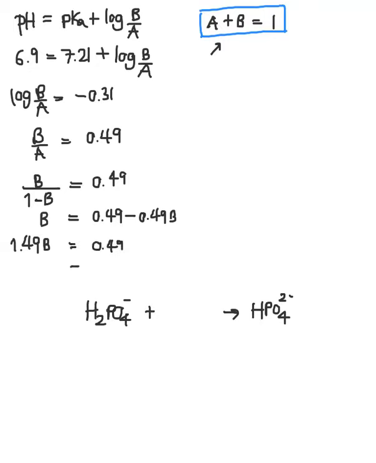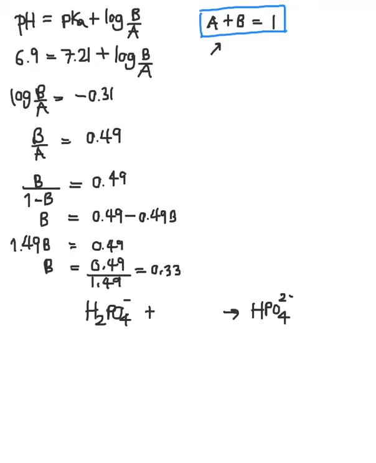This is just how you move terms to the other side of the equation. So B will be 0.49 divided by 1.49, and that is equal to 0.33 here.